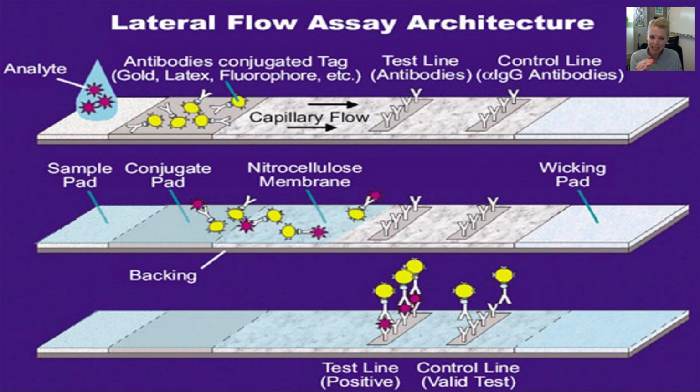So now we're on the second image, right? And then there's going to be another line of antibodies that also recognize that same antigen, the SARS virus, and bind as well.